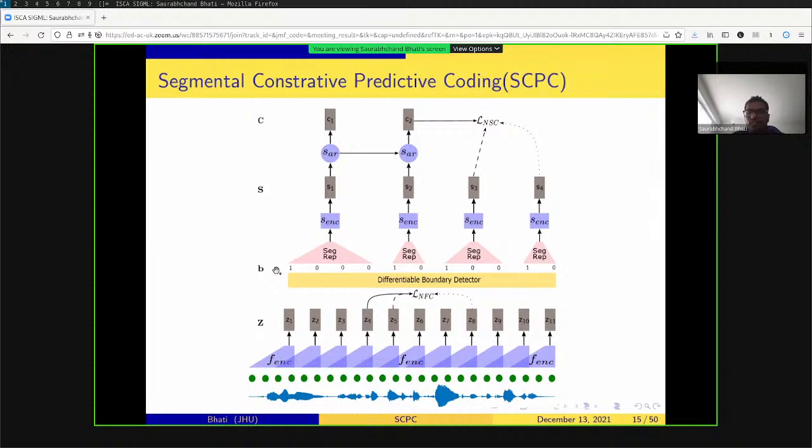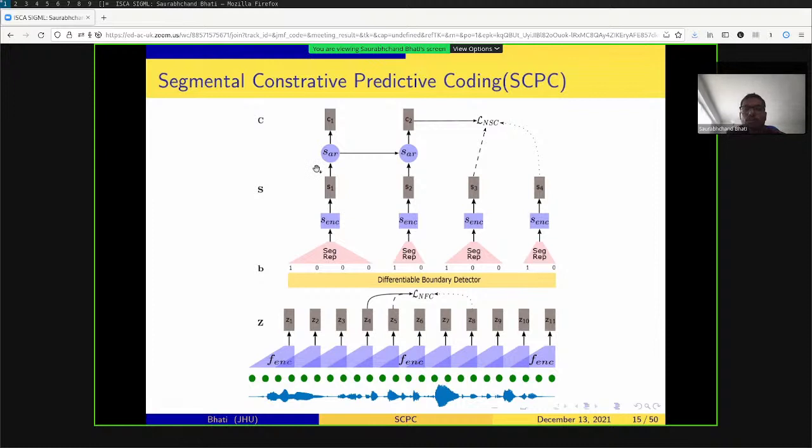Different segments have different numbers of frames, but if we take the average or do some operation similar to averaging, it will generate a fixed dimensional representation for all the segments, regardless of the number of frames in the segment. So for each of these segments, we generate a fixed dimensional representation, which is then passed into this segment encoder, which takes in, for now, the average and generates these segmental representations S.